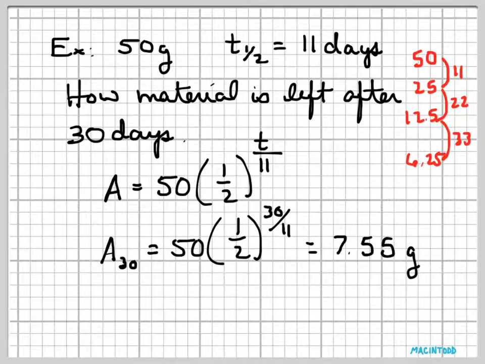At 30 days we didn't quite get a full third half-life, so we should have something a little bit more than that. And that's exactly what our calculation showed. We had 7.55 grams.